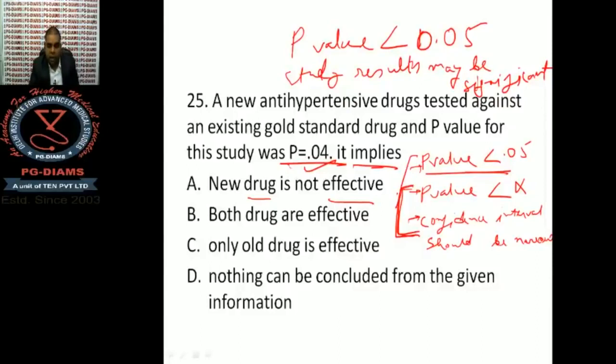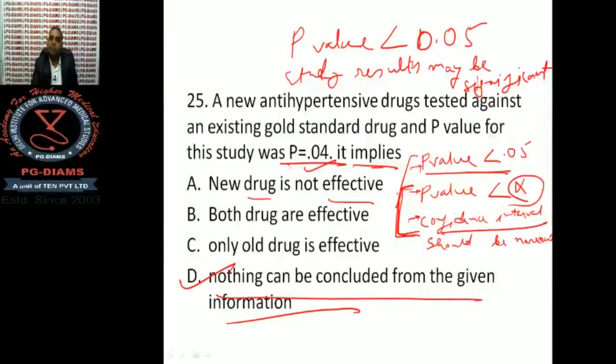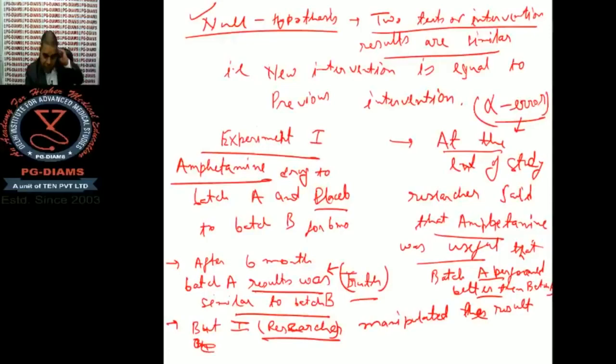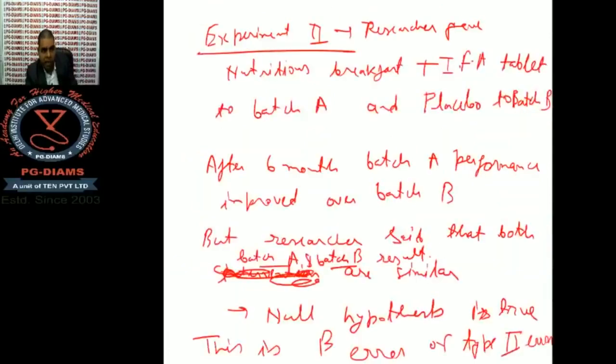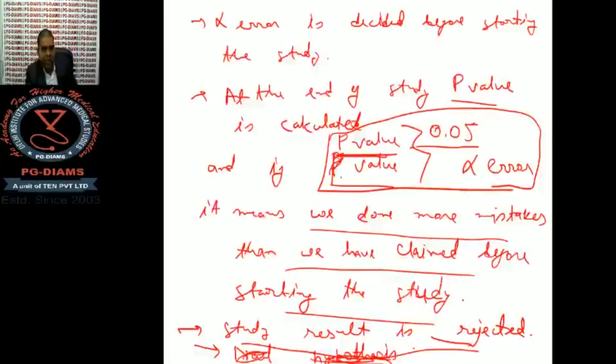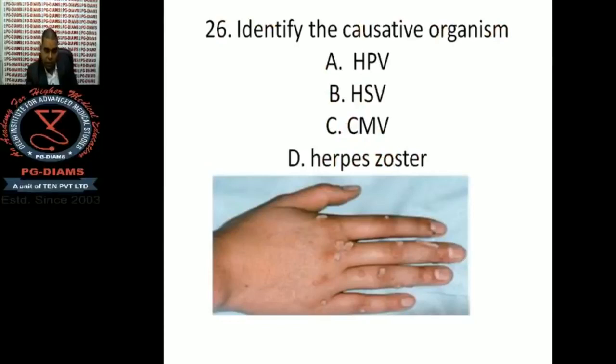But if all three conditions are not given in the question, then we cannot say anything from the given information, because we don't have the alpha value and we don't have the confidence interval. Try to go through this experiment material which I have written and remove the confusion which you will get while solving it. Now I have the last two image-based questions.